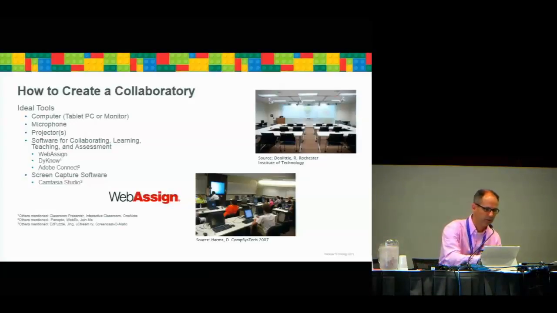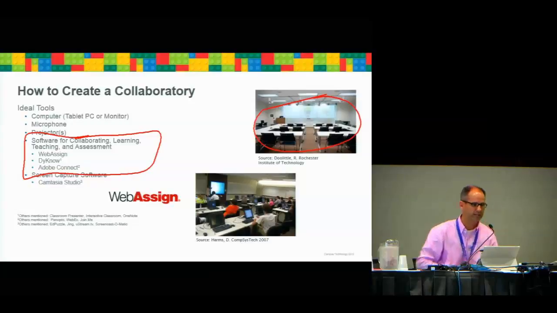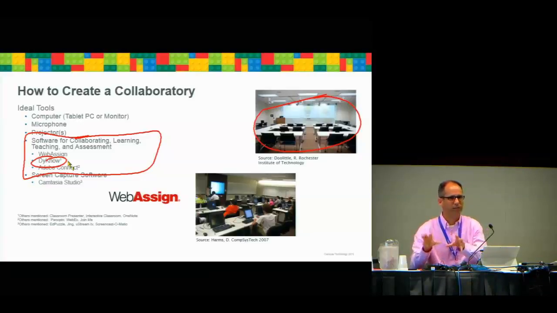Then the key for all of it really is tying the software together, and I'm going to show you a bit of software. The company itself is giving me insights given how I use their product beyond what they intended in Dino. And I've been making a migration solely to WebAssign because of their lack of desire to roll this product out further and further. So you'll see some things that are available, and I want to plant the seed of what can be.